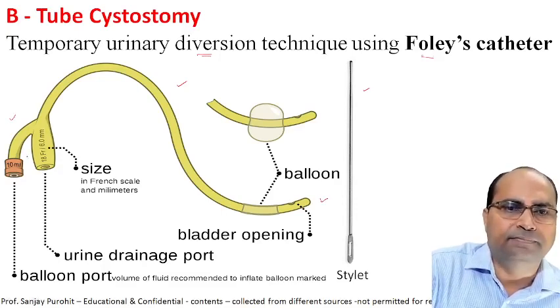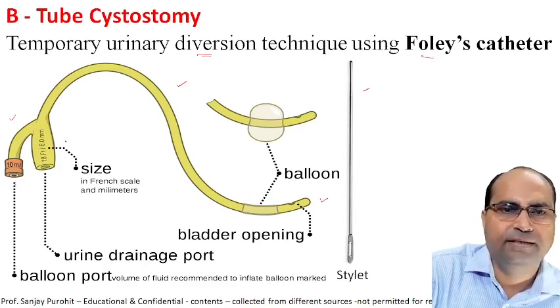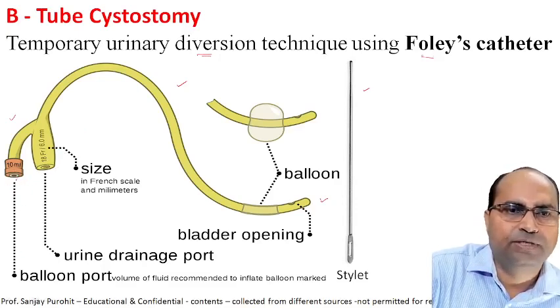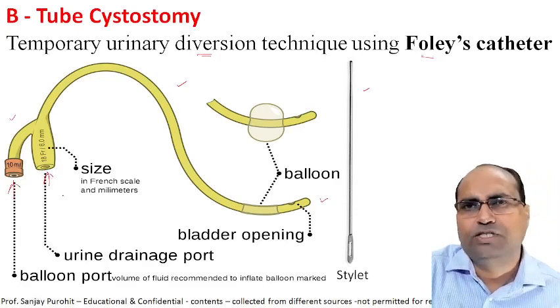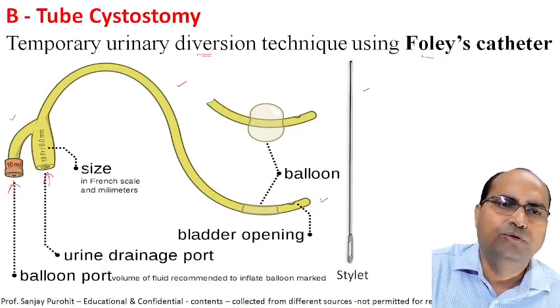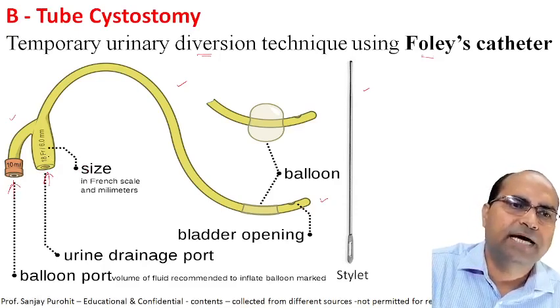Foley's catheters are available in different port configurations. This is the two-way Foley's catheter. In these, two ports are available, one is the balloon port, this one, and this one is the urine drainage port. On the urine drainage port, the size of the catheter is printed.